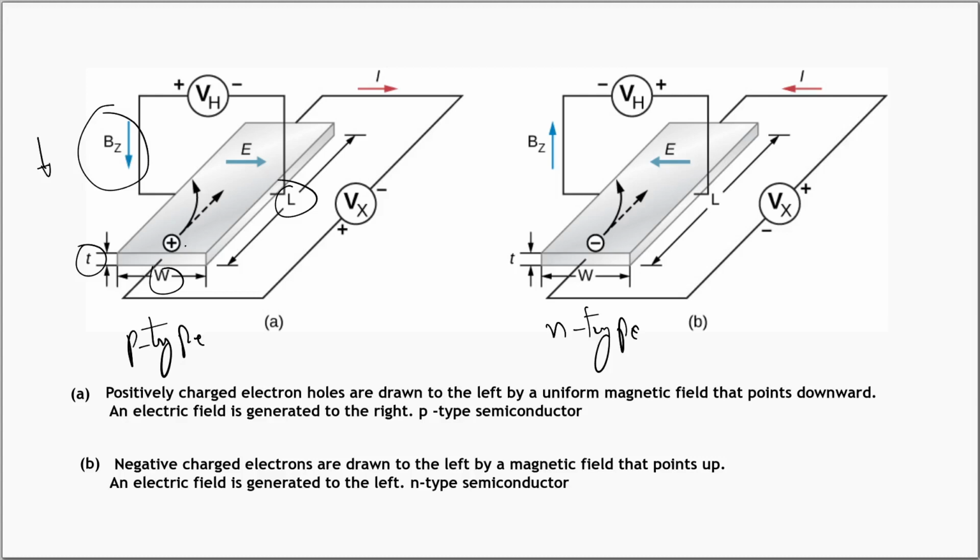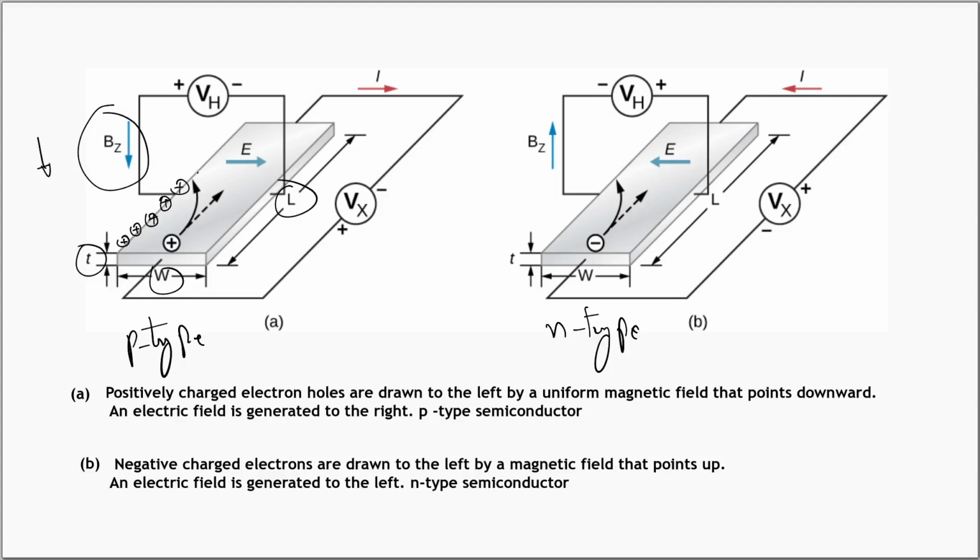As a consequence, a Lorentz force acts upon the majority charge carriers, or the holes in the case of a p-type semiconductor, and these charge carriers will be deflected to this edge of the semiconductor. Because the charge carriers are deflected to this edge, charge accumulation takes place on this edge.